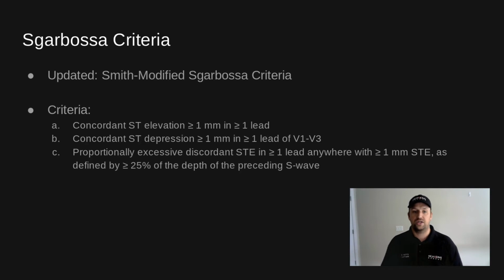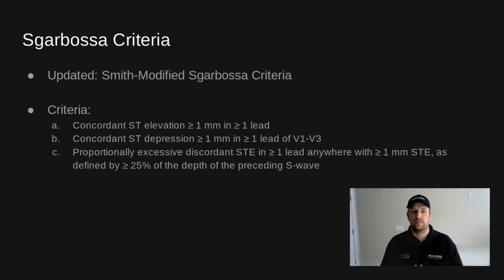Concordant ST depression equal to or greater than 1 millimeter in 1 or more leads of V1, V2, or V3. V1 through V3 are normally negatively deflected, meaning going down. So you're having ST depression in V1, V2, or V3 greater than 1 millimeter in 1 or more leads.